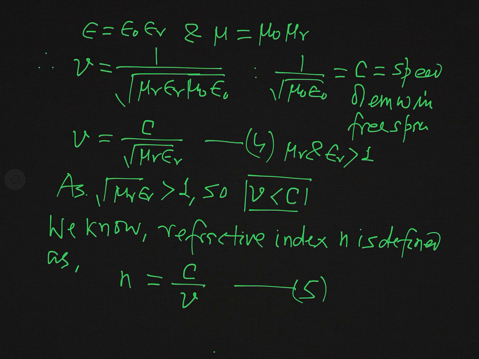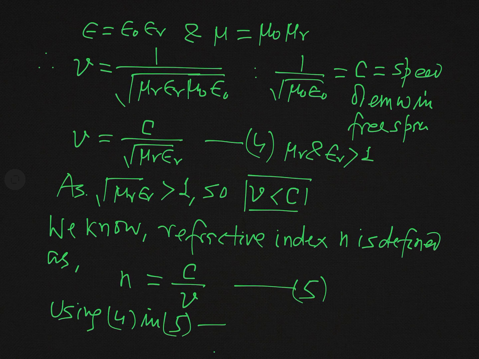And so, if we substitute the value of this V from equation 4 in equation 5, what will be our result? Using 4 in 5, you can see this C will cancel out, and the result will be N equal to 1 over root over mu r into epsilon r.